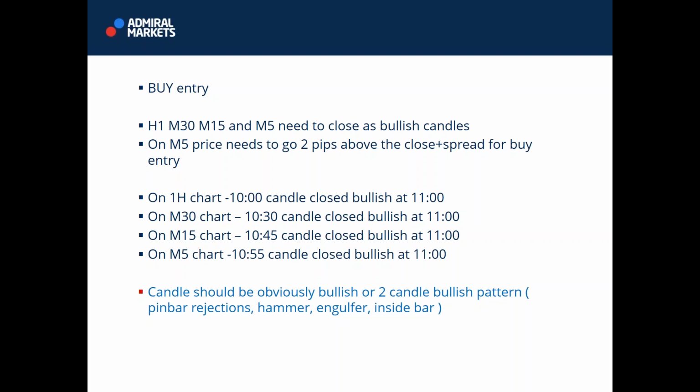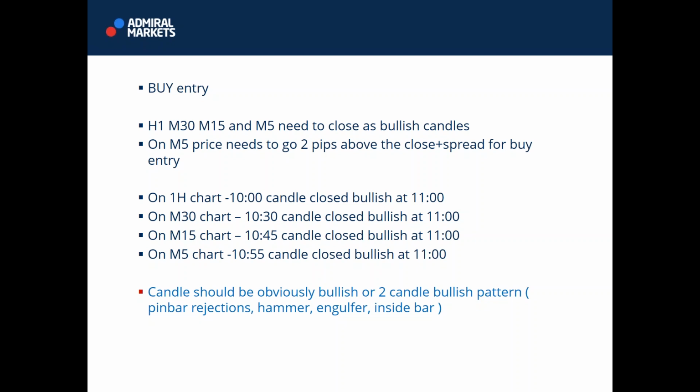Now, the thing here is that you need to align those time frames. So on 1 hour chart, the 10 hour candle should close bullish at 11 hour. On M30 chart, the 10:30 candle should close bullish at 11 hour. On M15 chart, the 10:45 candle should close bullish at 11 hour. And on M5 chart, the 10:55 candle should close bullish at 11 hour.